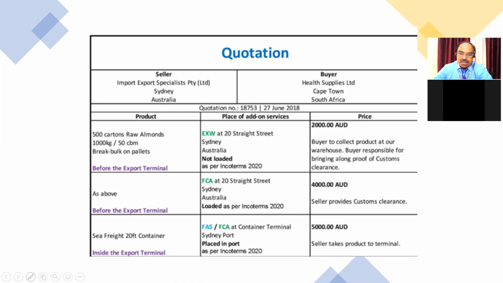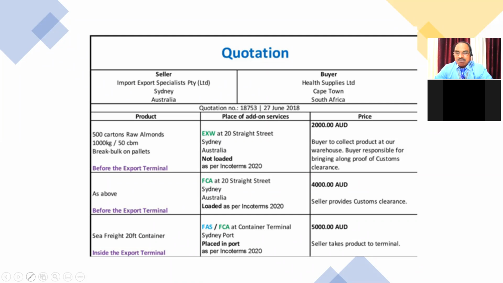India is mentioning everything. This is a quotation. Out of that, Mark has to decide which Incoterms he is going to accept. Simple thing: you must know the price in Australian dollars. India is going to send only 500 cartons of raw almonds, 1,000 kg in break bulk on pallets.